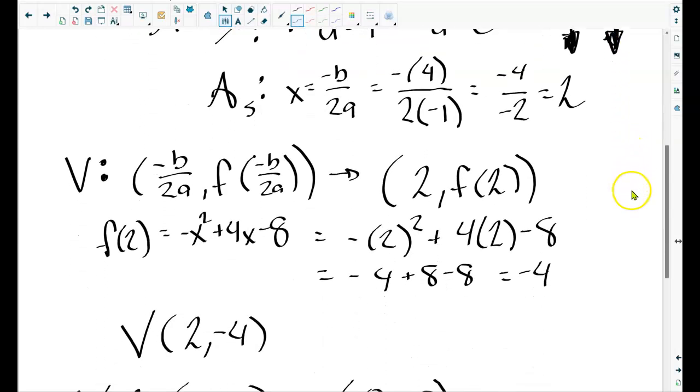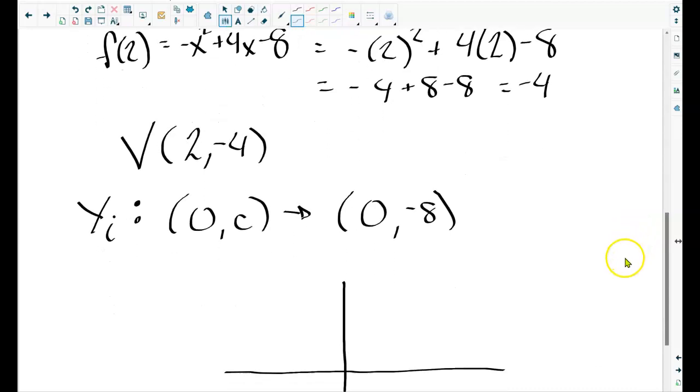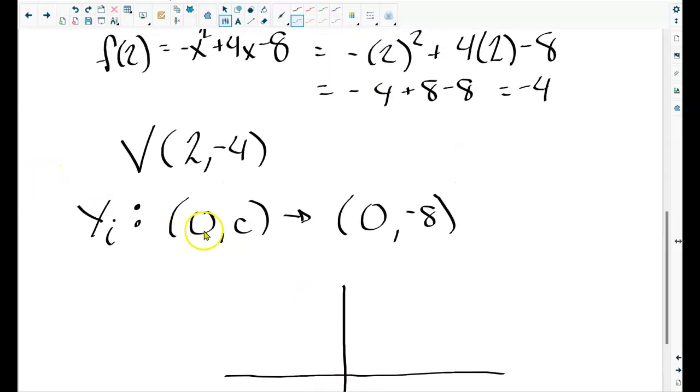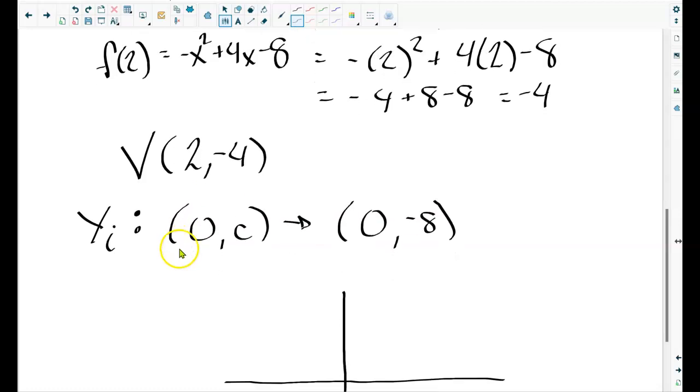Okay, so let's go with the vertex and the y-intercept. Okay, so we have 0, -8. We'll say that's -4. We'll say that's -8. Okay, so this is the y-intercept done.